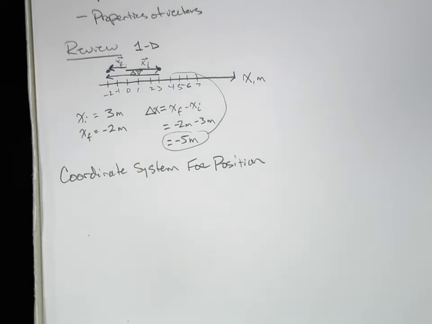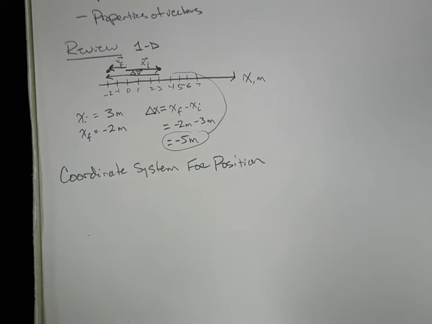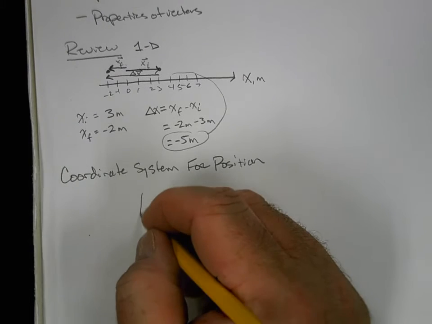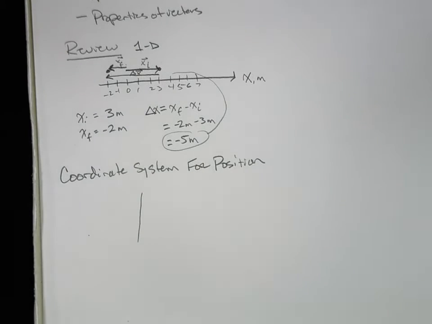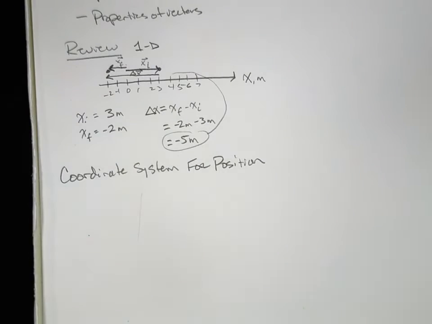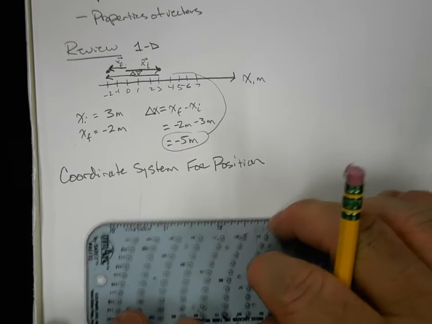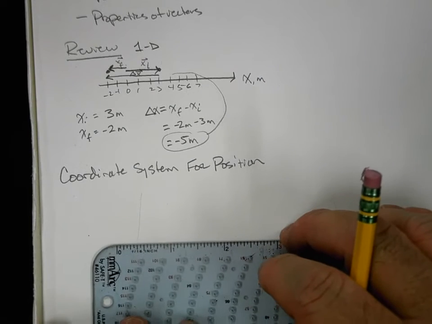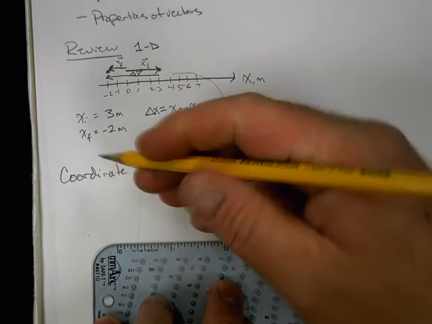We have a coordinate system for position, and I have my ruler sitting out, so I'm actually going to attempt to do things somewhat orthogonally, or at least create straight lines for you guys.